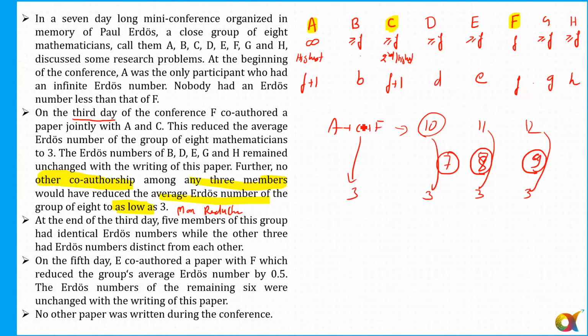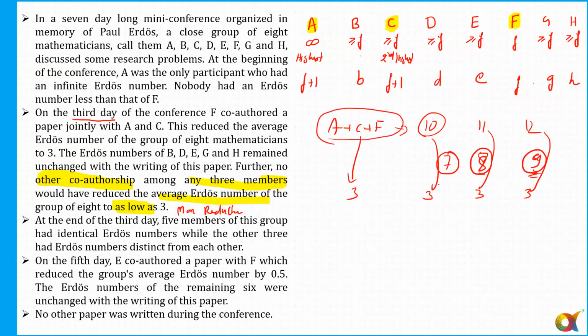For any other group, the average would be changing from 10 to 3, for example, due to some other group. So there is a maximum reduction, and maximum reduction is possible when initially the score is very, very high. That's the reason, since A has got infinity, it has to be highest, and C should be nothing but the second highest Erdős number.